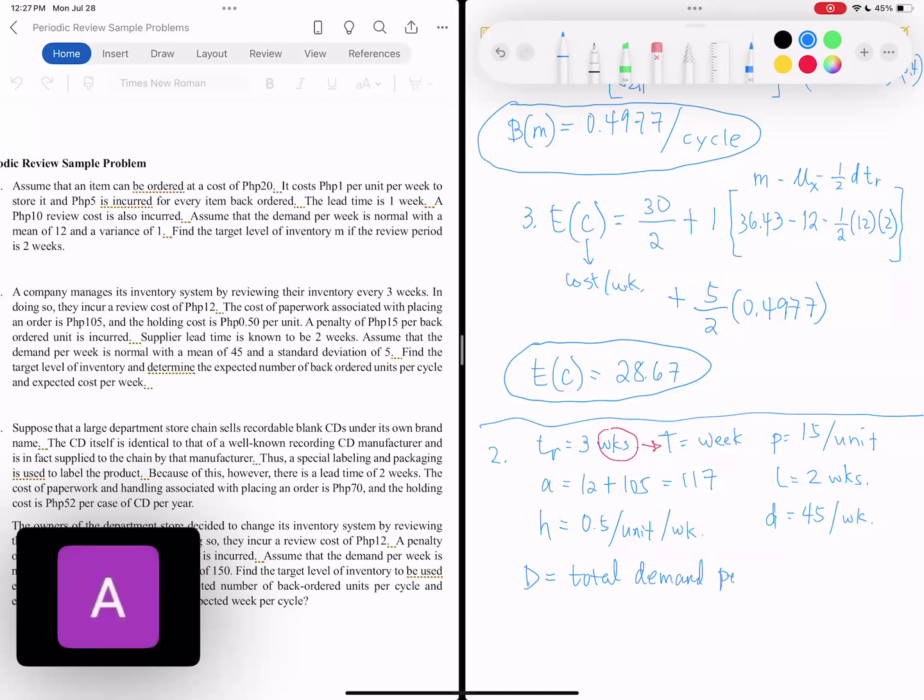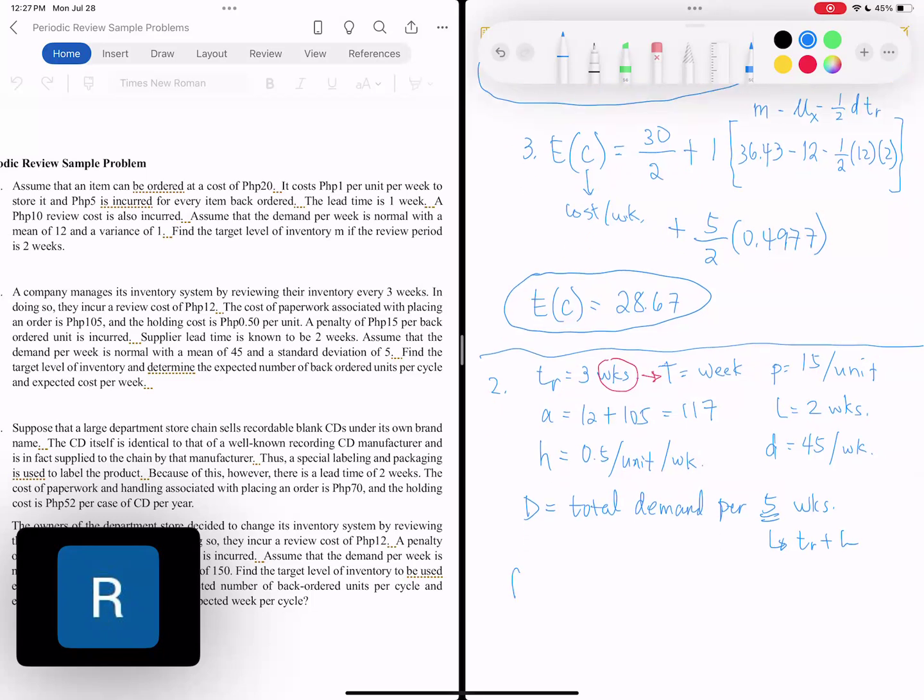Per 5 weeks, where 5 is your TR plus L. And this total demand has a probability distribution, F of D, just like what we did earlier. Because the demand per 1 week is normal, the total demand per 5 weeks also follows the normal distribution. And it will have a mean and a sigma.